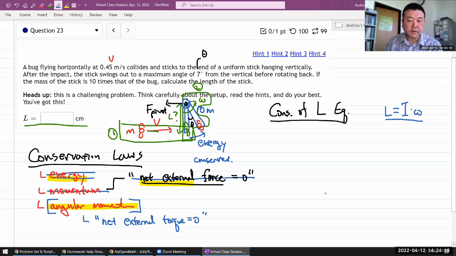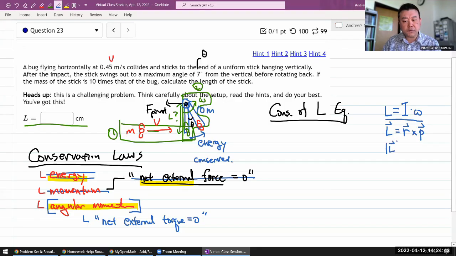I think a more direct way to get at that is the other expression, the definition of angular momentum. That is the displacement vector r cross product with the momentum vector p. And for this question, we don't really have to get into the whole vector nature of angular momentum. All we really need is the magnitude.